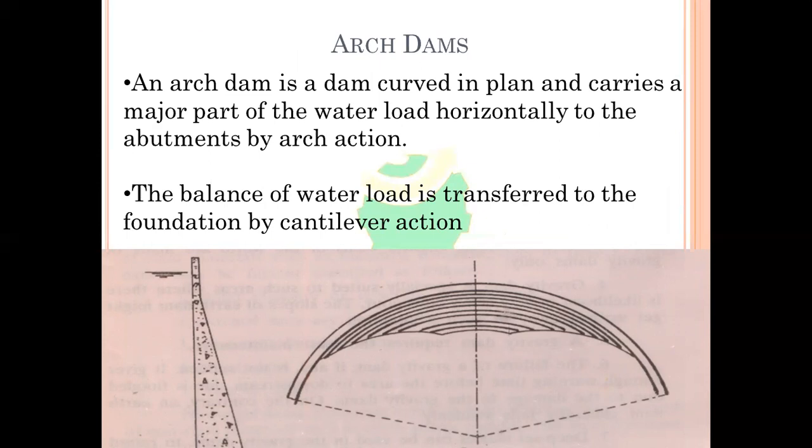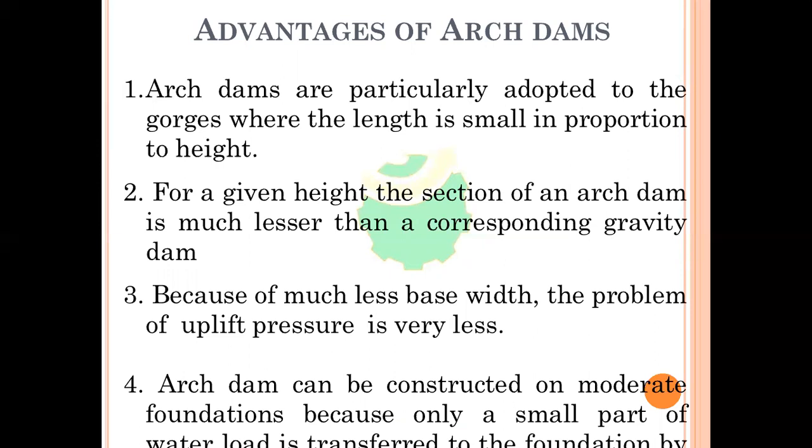In arc dams, the wall is arc shaped. The shape depends on the valley shape: V-shape valley, U-shape valley. Depending on the valley shape, we go for straight gravity dams or arc dams.